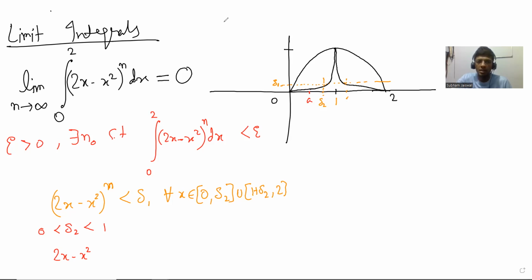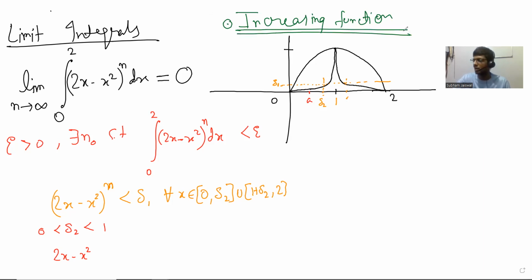A hint is that this is an increasing function, which you know, but I'm just saying it in words. I mean, it's increasing between 0 and 1. This is probably the easiest way to say that.